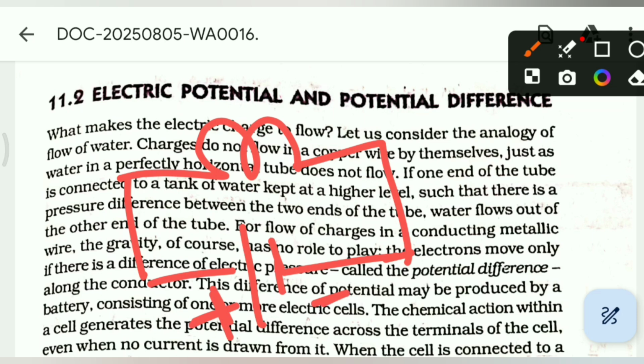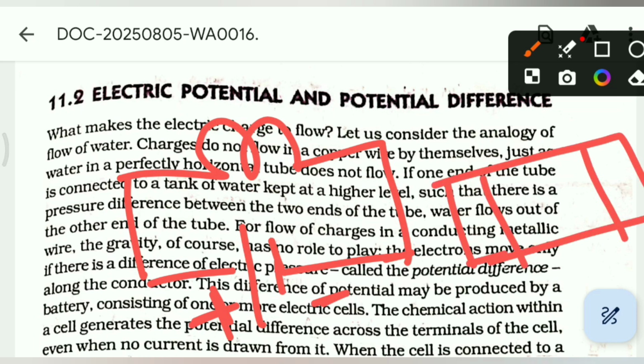Actually, this battery, this cell, has two metal plates. One plate is rich with positive charges and the other plate is rich with negative charges. But how is this possible? This is possible due to certain chemical reactions present in the battery.